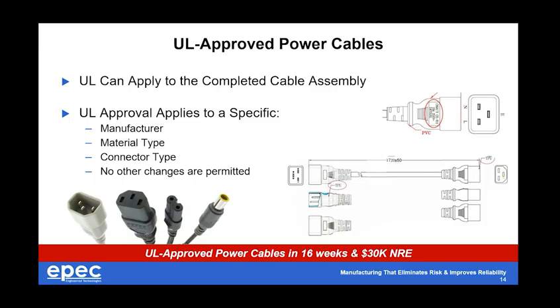So for example, we have dozens and dozens of existing UL approvals for terminated and completed power cables. And what that governs is the material, the connector type, and the wire. What doesn't matter is the color, the overall length, and other variables like that. So it's important to understand where the UL of a finished cable, like a power cable, applies and where it doesn't.